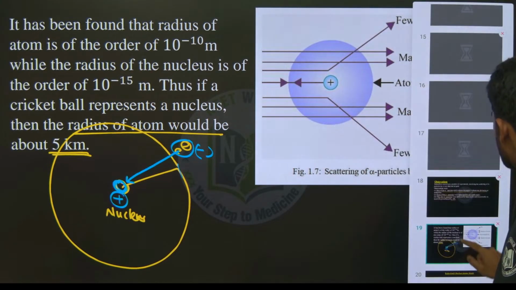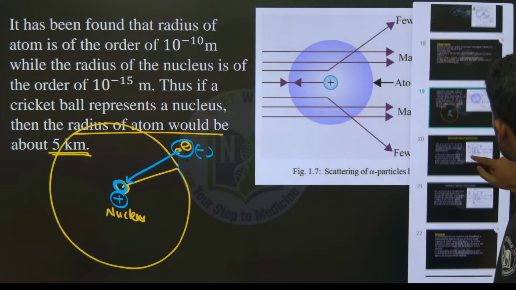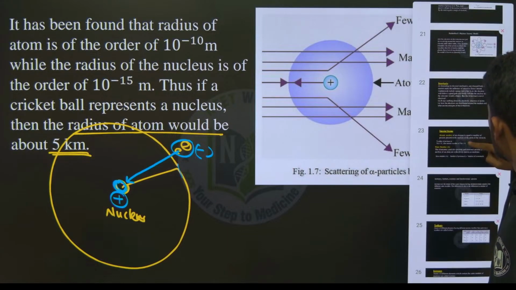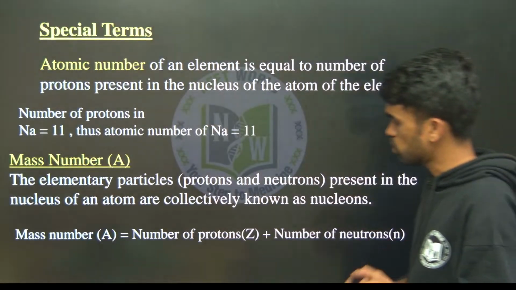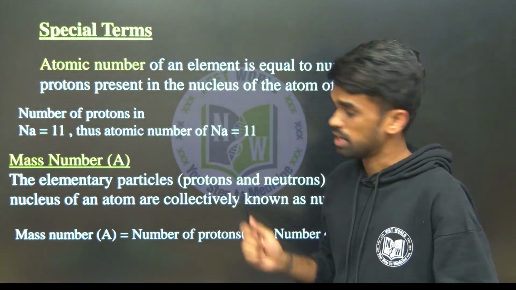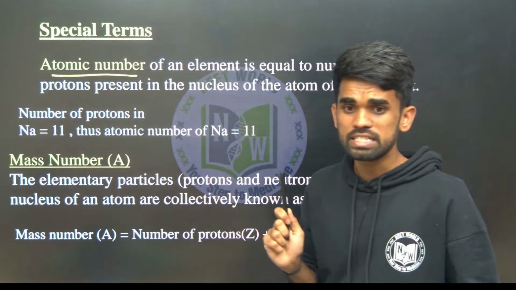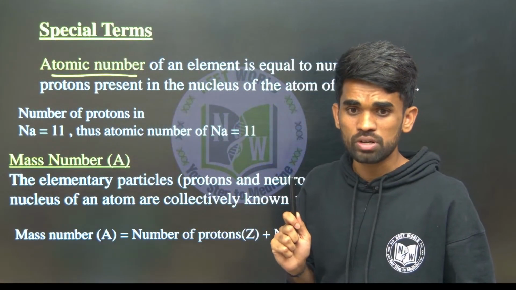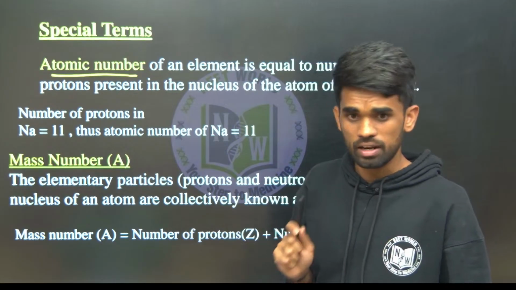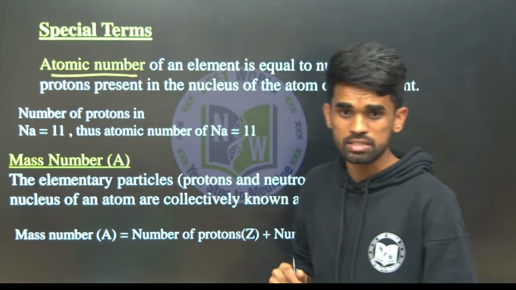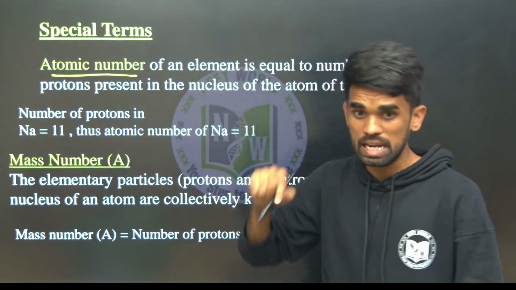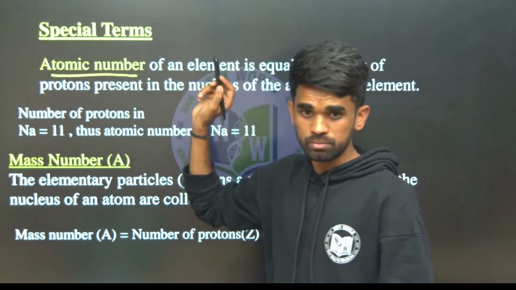And now, what are the terms we should know before going to the structure, like the complete chapter here. First, what do we mean by atomic number? That is nothing but the number of protons present in the nucleus, and this is also equal to the number of electrons in the case of an atom.